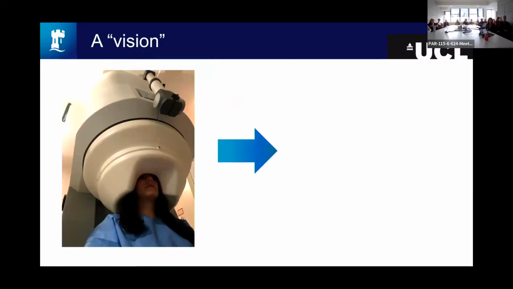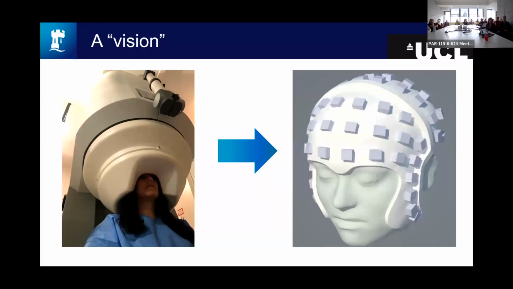So some years ago, working with Gareth Barnes, who I know you know very well, in London, probably Gareth and I were in the pub, which is where all good ideas start. And we said, well, why can't we turn this into something that looks more like a sort of EEG type system.